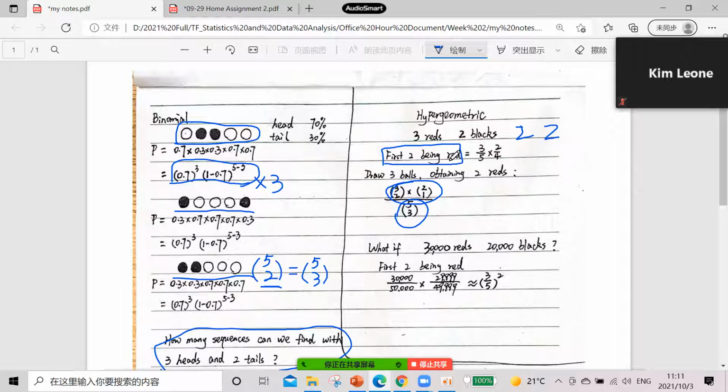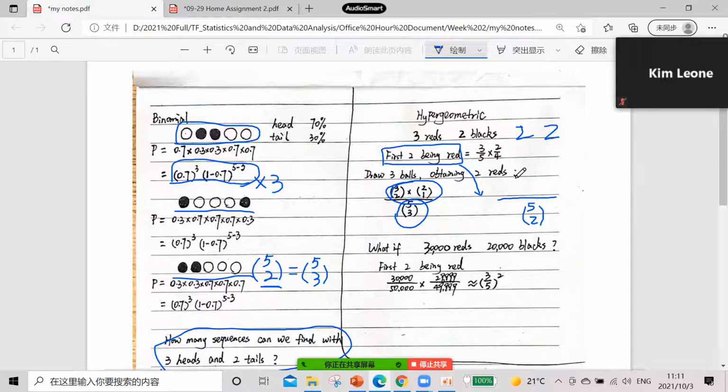So how to solve this? Using the combination, if I want to solve for the first 2 being red, how do I set up my formula? In the denominator, it's 5 choose 2, because I'm choosing 2 balls out of 5 balls in total. In the numerator, I need to find out how many ways I have to choose 2 reds out of the 2 draws.